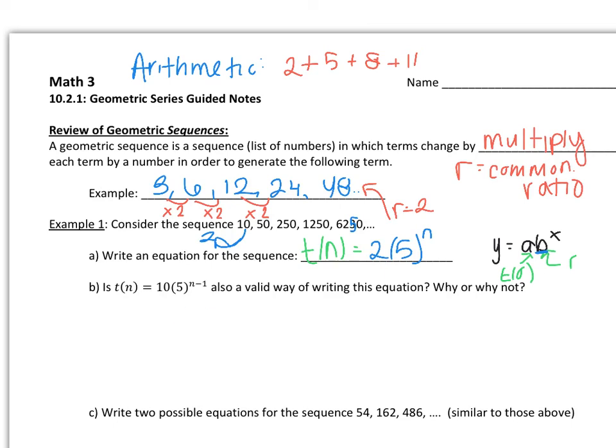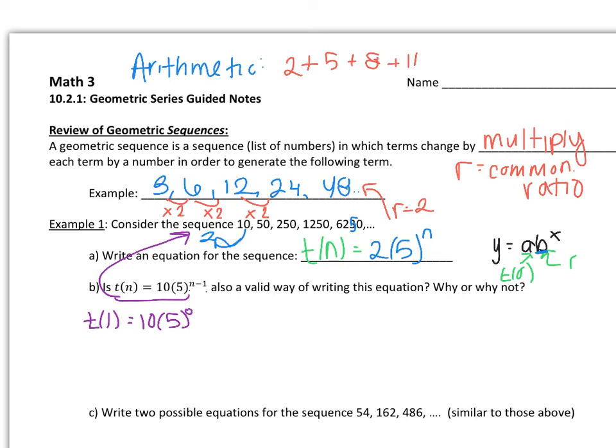And one of the ways that we can easily confirm that it is the same is just by plugging in a few values. So I'm going to use this equation to figure out if it will still generate our original sequence. So if I plug in 1, then that would be 10 times 5 to the 1 minus 1, which would be 5 to the 0.